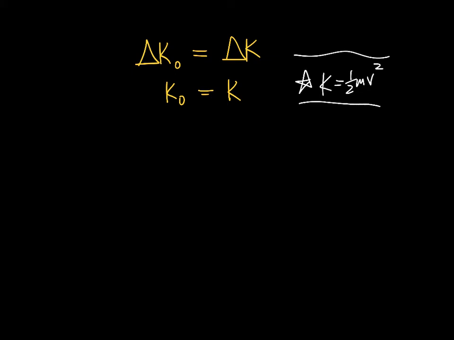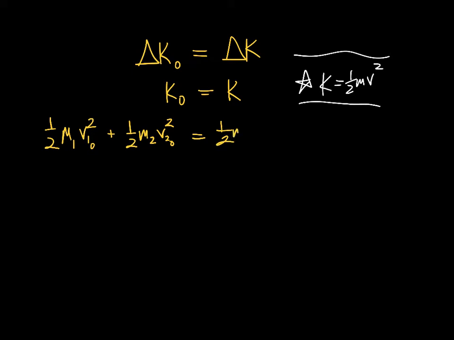That means initially I'd have 1/2 of mass 1 times the initial speed squared, plus 1/2 of mass 2 and its initial speed squared.